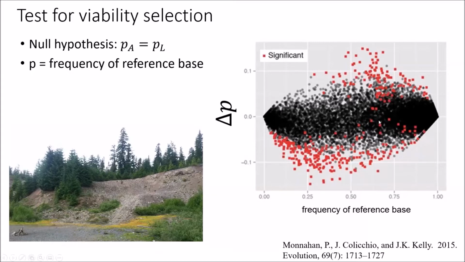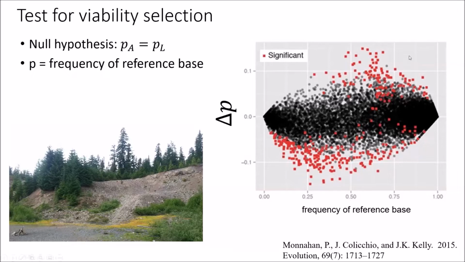You'll notice that the points are color-coded. The red ones means we can significantly reject the null hypothesis. We have positive evidence for selection. Whereas the black points, we cannot reject the null hypothesis. And one reassuring thing about this, of course, is that most of the red points are farther away from zero than the black points. So if your predicted change in allele frequency is small, that's weaker evidence than if it is large.